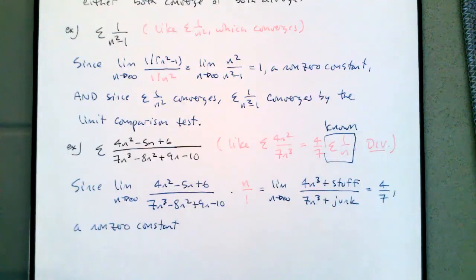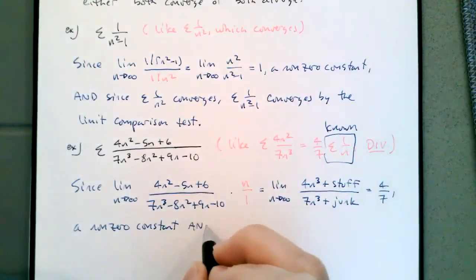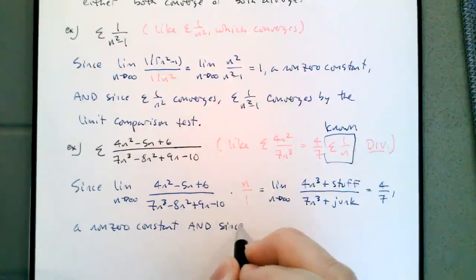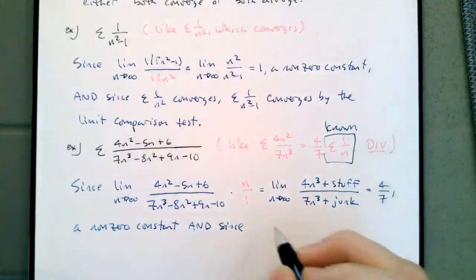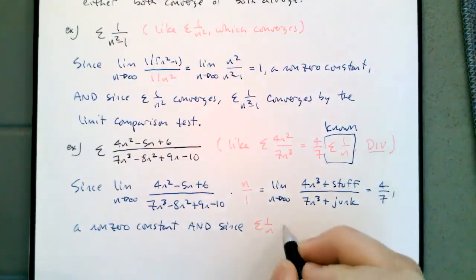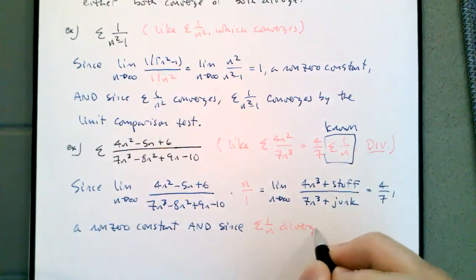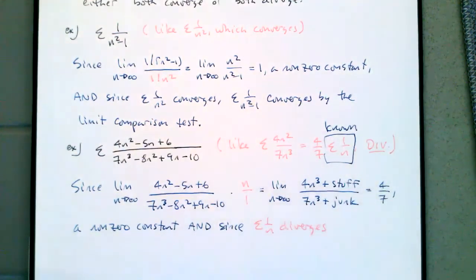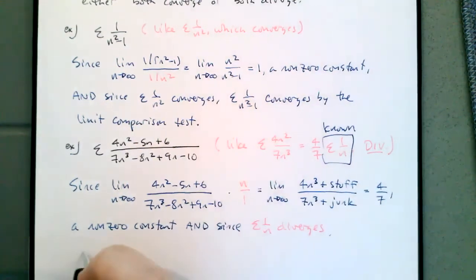and since the series 1 over n diverges, by the limit comparison test, both converge or both diverge. So we can conclude that the given series diverges.